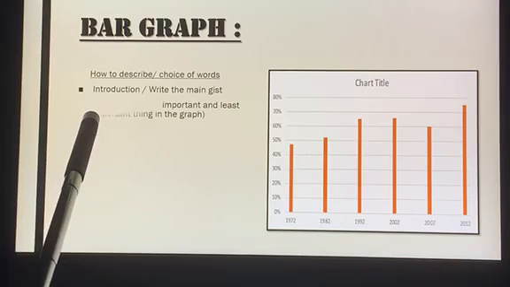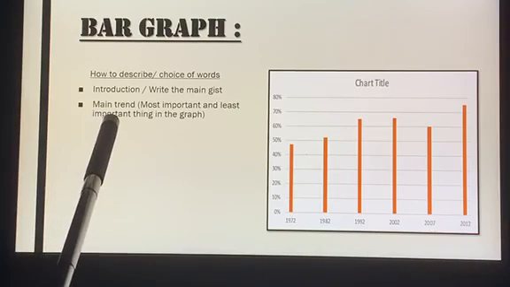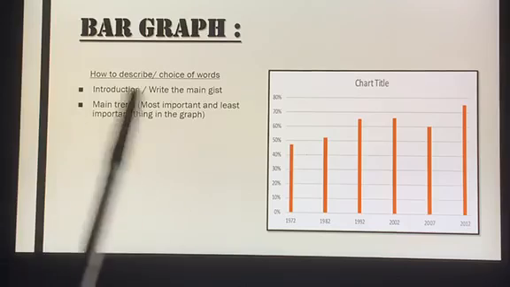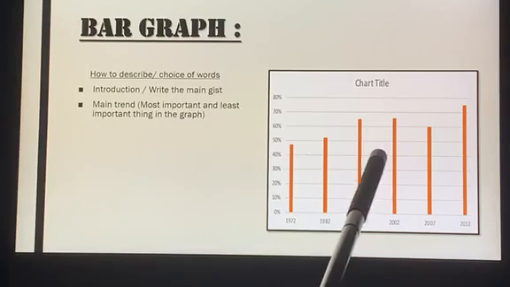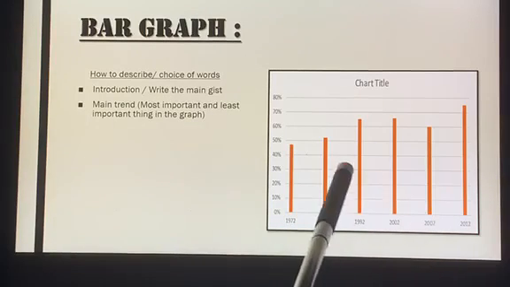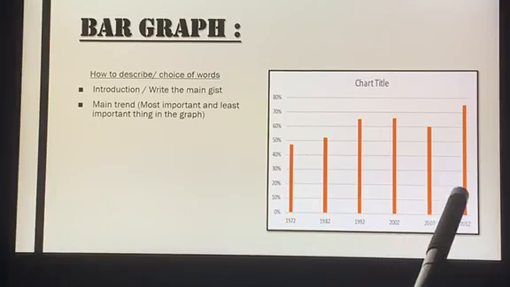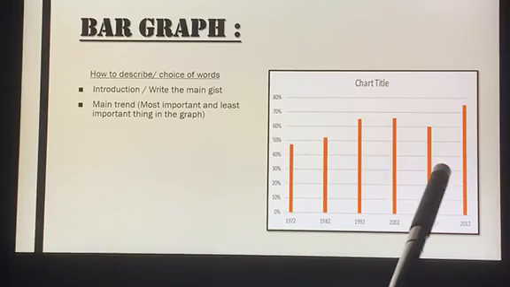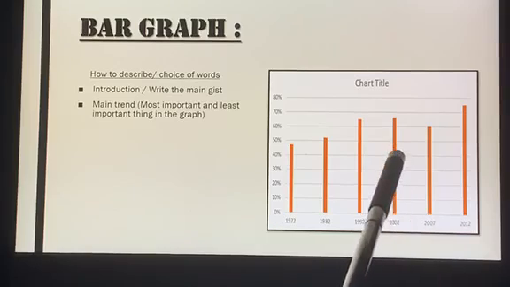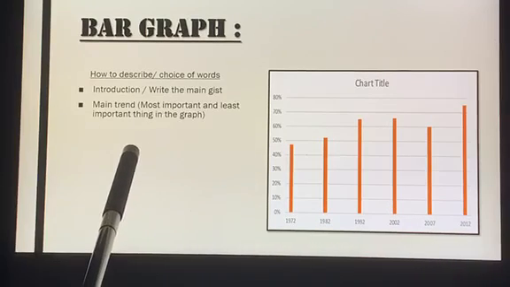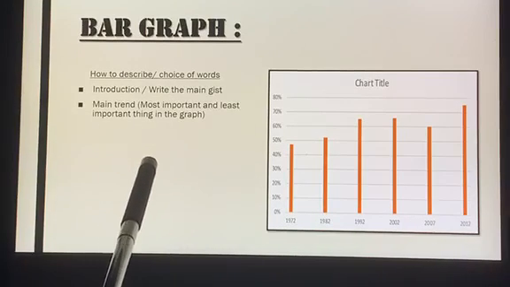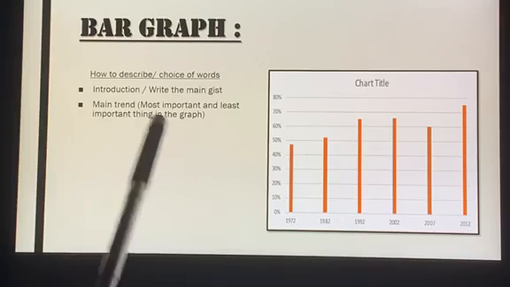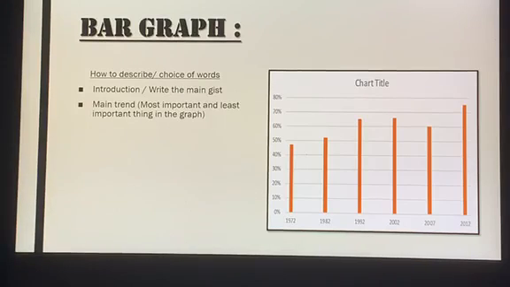In the second part, it is the main trend. Here you write what pattern or what the bars are indicating, the important and the least important thing that is mentioned in the graph. Here also you do not write more than 1 or 2 sentences.